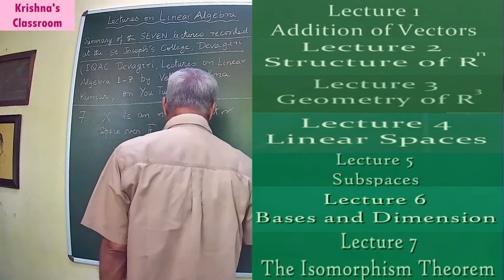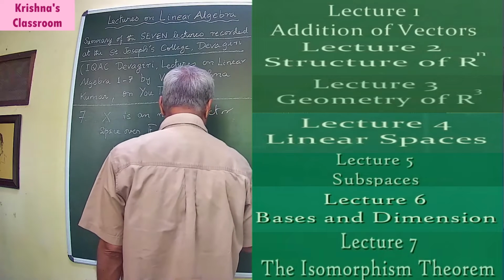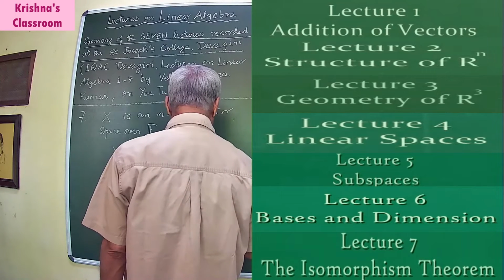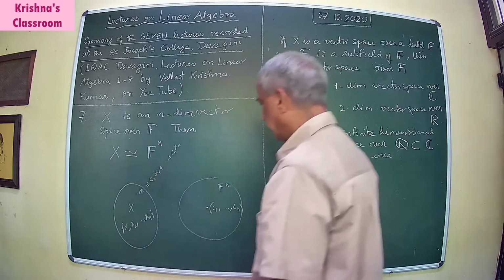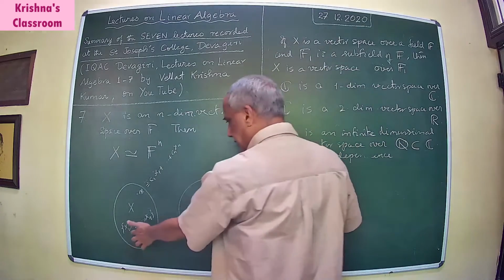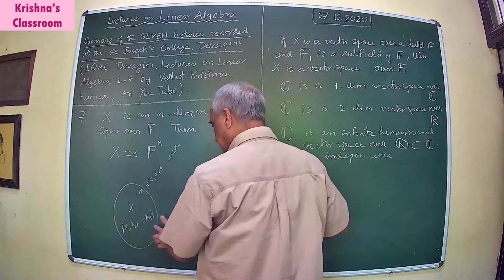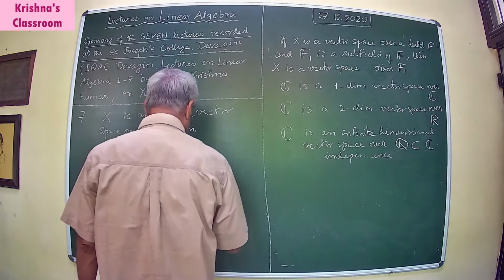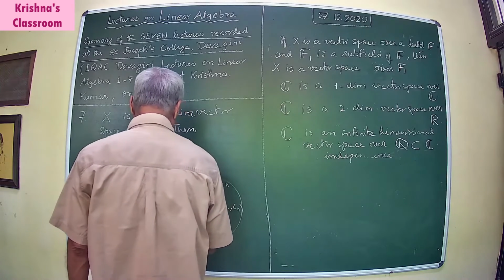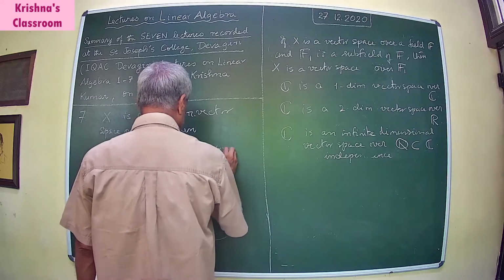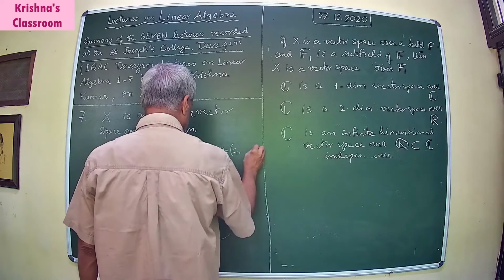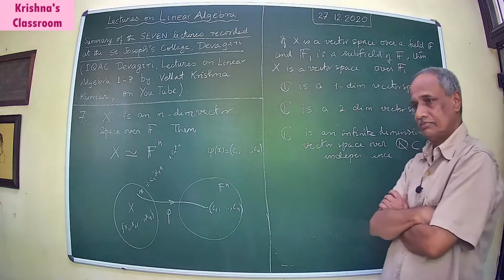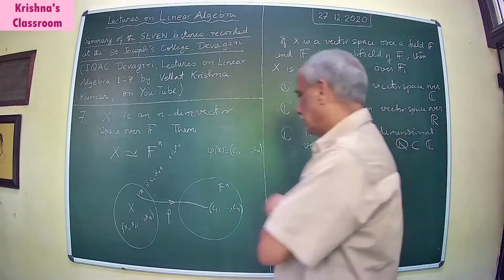What you do is, in Fn, choose the vector (c1, c2, ..., cn). Now the order is important here because that's why I said it's an ordered basis. Choose an ordered basis. What you define is: associate to x, so you define phi of x. You can show that this is an isomorphism. Okay, this is an isomorphism.